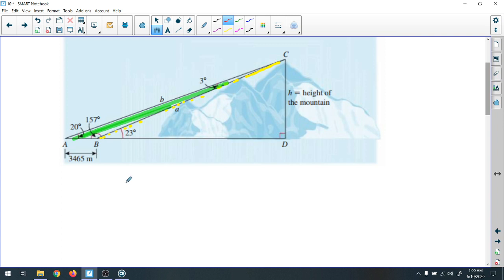Let me draw that here quick. This is our triangle that we work on. And we're looking for this side BC. I'll dot it more here in a different color.